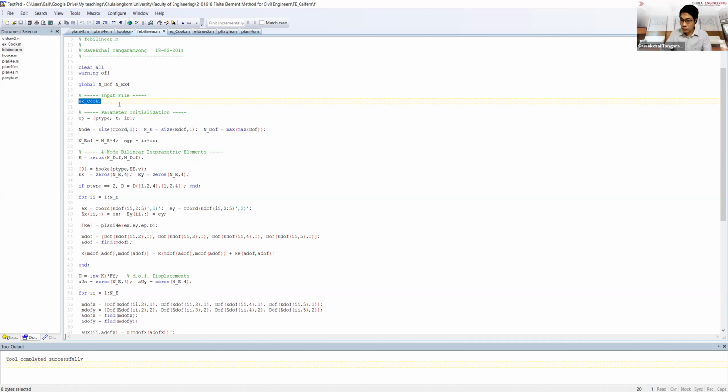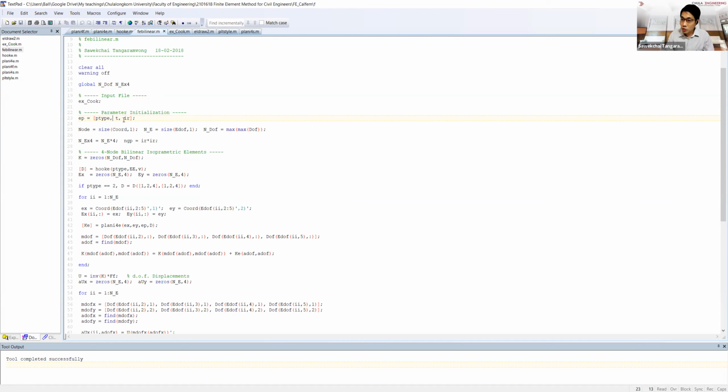Before we look at the input file briefly, I'd like you to look at the way the code works. We have the parameter initialization, which defines whether it's plane stress or plane strain. P type, I think, equal to 1 is plane stress, equal to 2 is plane strain. T is the thickness. IR is the number of Gauss points.